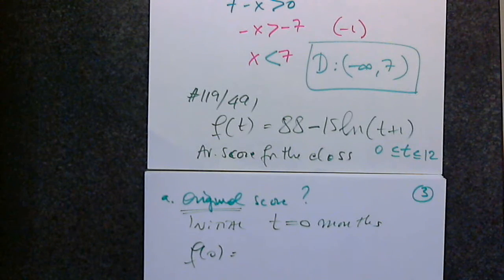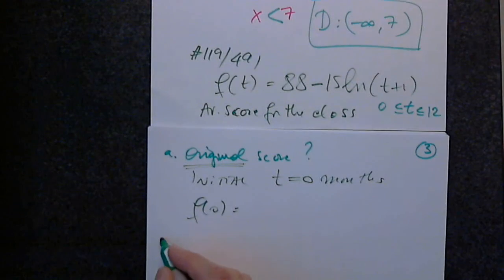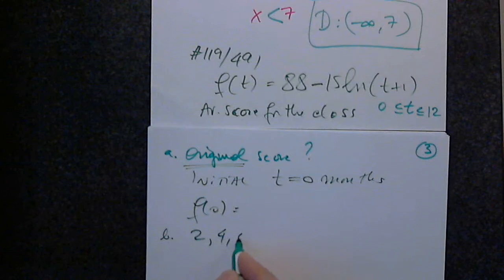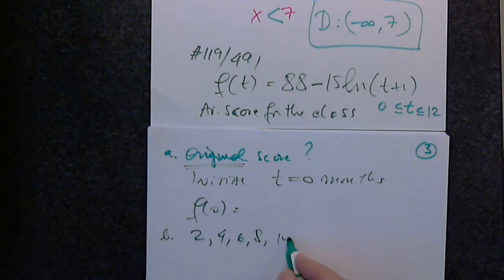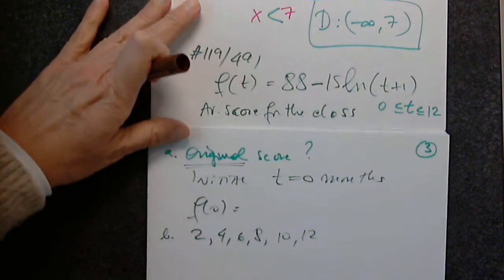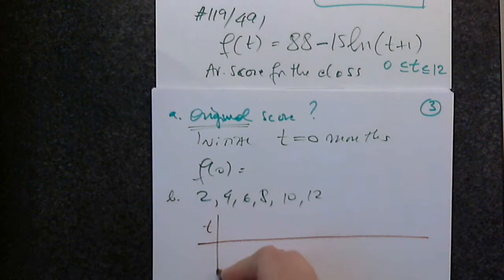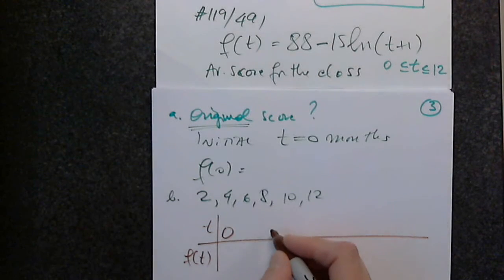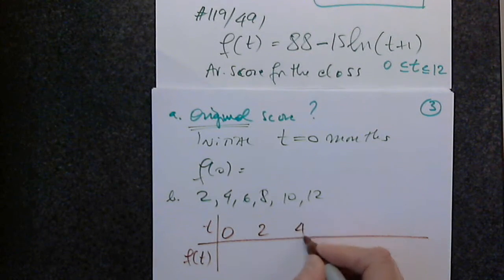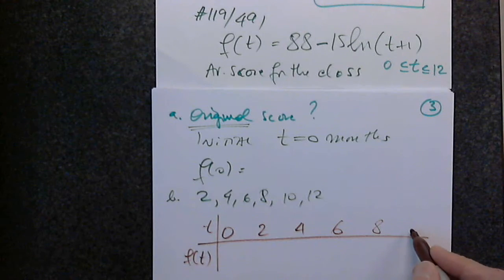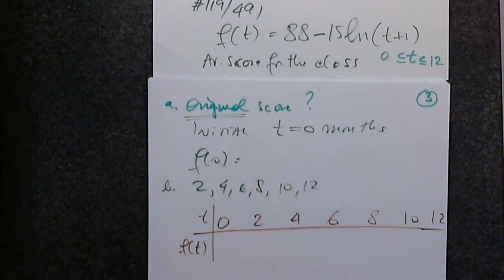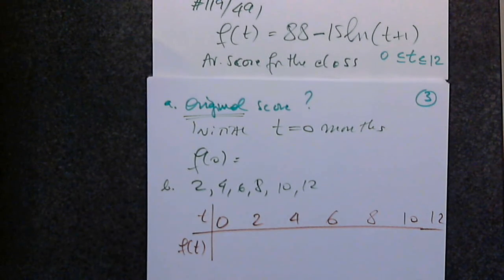Part B. What was the average score after 2 months? And then 4, and then 6, and then 8, and then 10, and then a year later. What am I asked to do now? Exactly. 0, 2, 4, 6, 8, 10, and 12. Excellent. Of course, I'm not going to do this by hand.